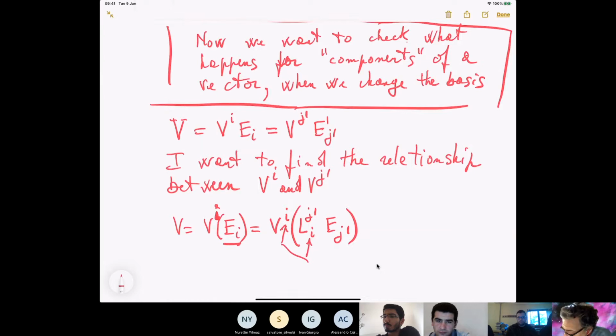You know, you have E_i down and you replace it with L_{ij'} saturated.